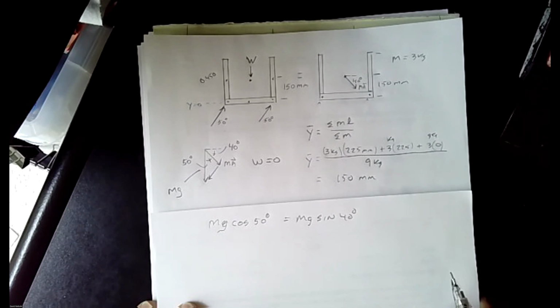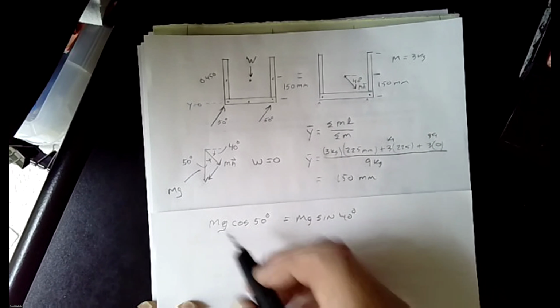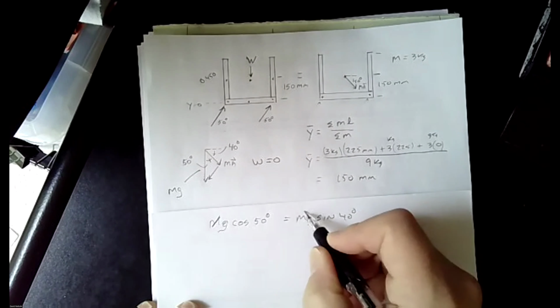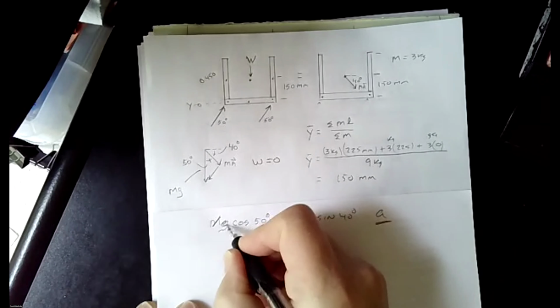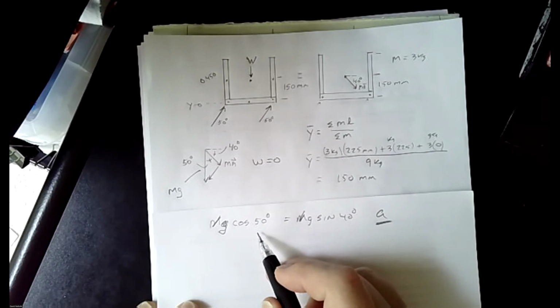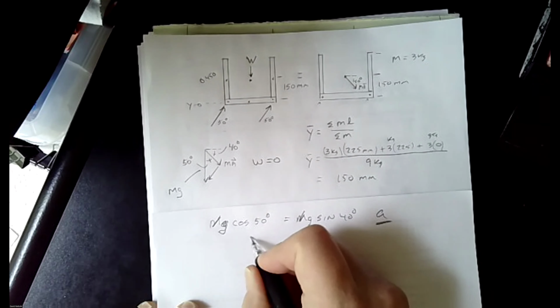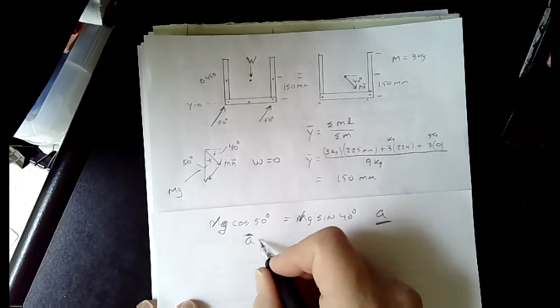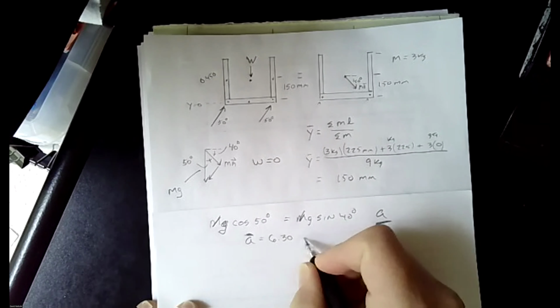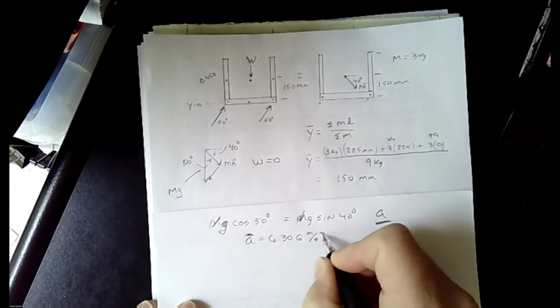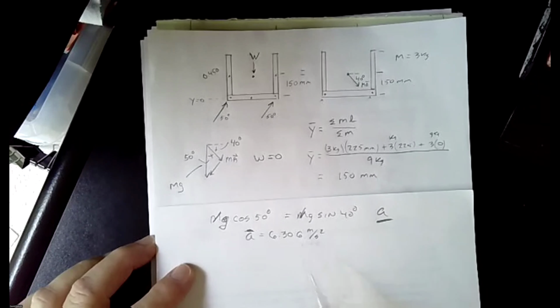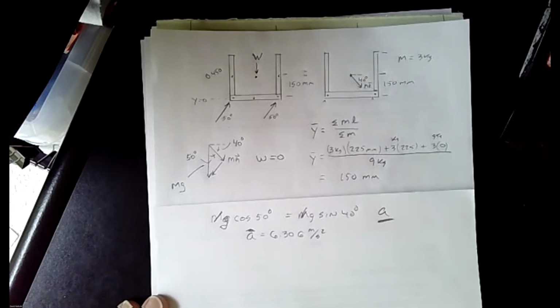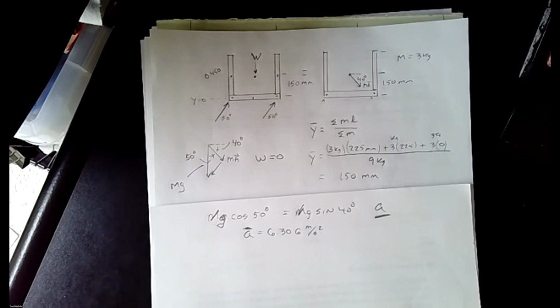So again, I don't have to worry about the masses here because I'm just looking at just the acceleration. The acceleration is really just g times cosine 50. So that turns out to be the acceleration to the center, which is what our little bar here represents, is 6.306 meters per second squared. And I always encourage you to carry a few extra sig figs and then round when you get to the end. Okay? So now we have that.